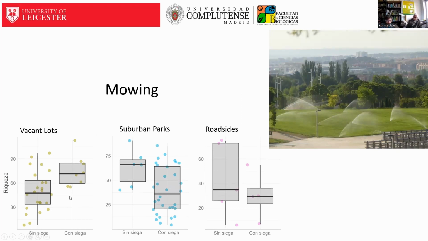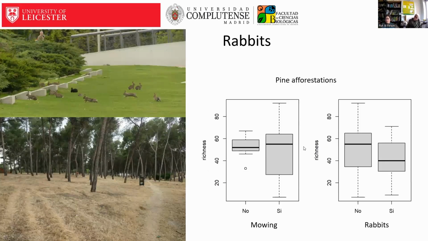In some of them, if the mowing is very frequent, the richness grows, for example vacant lots, but in others, for example suburban parks, the richness decreases. Another disturbance was the effect of rabbits in pine afforestation. Mowing doesn't affect the richness of the species in the pine afforestation, but rabbits decrease the number of species that you can find.